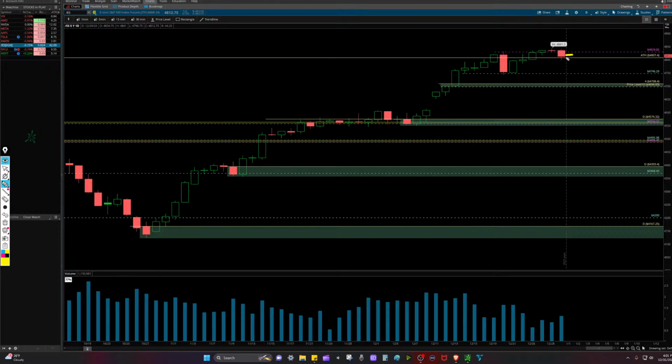If it opens below this, it could give me a possible downside move. First target would be 4745. This is still a very good support area.